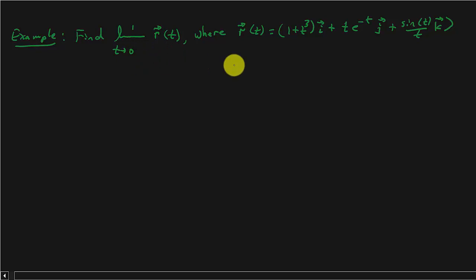All right, so let's look at an example. We have: find the limit of r of t as t goes to 0, where r of t is equal to this thing.